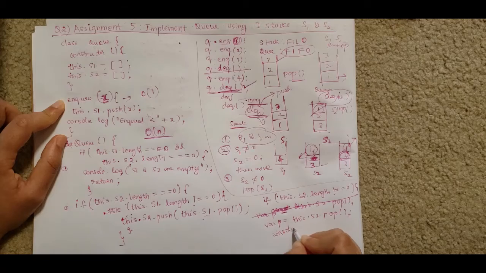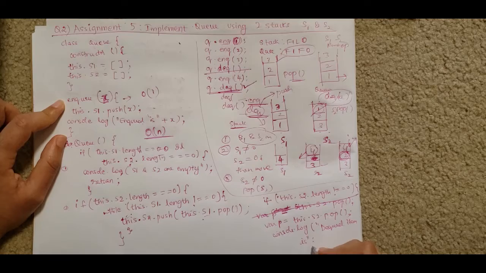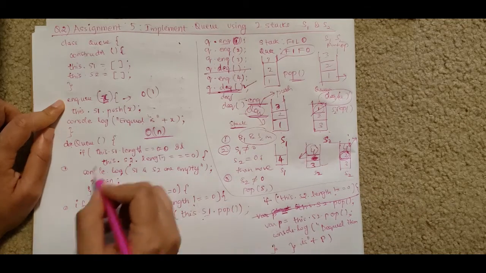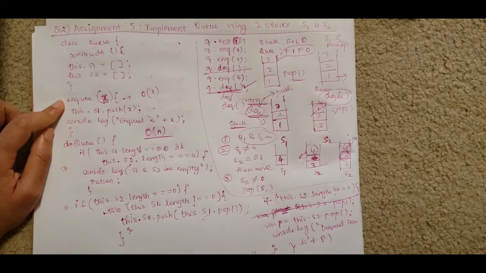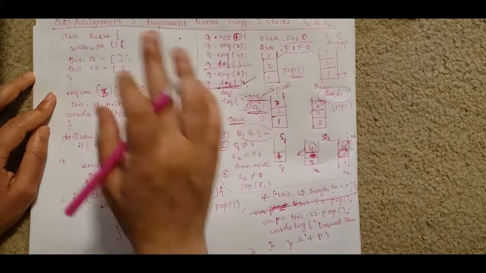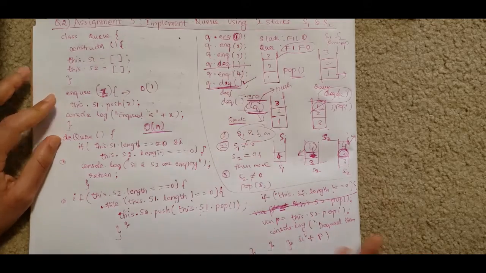Console log dequeued item is p. Close this if, and then close the dequeue function, and then finally close the class.